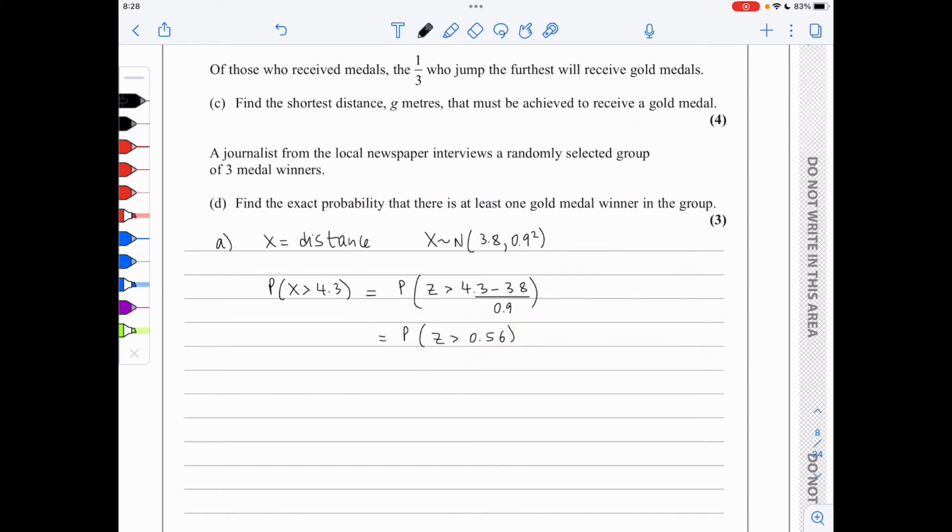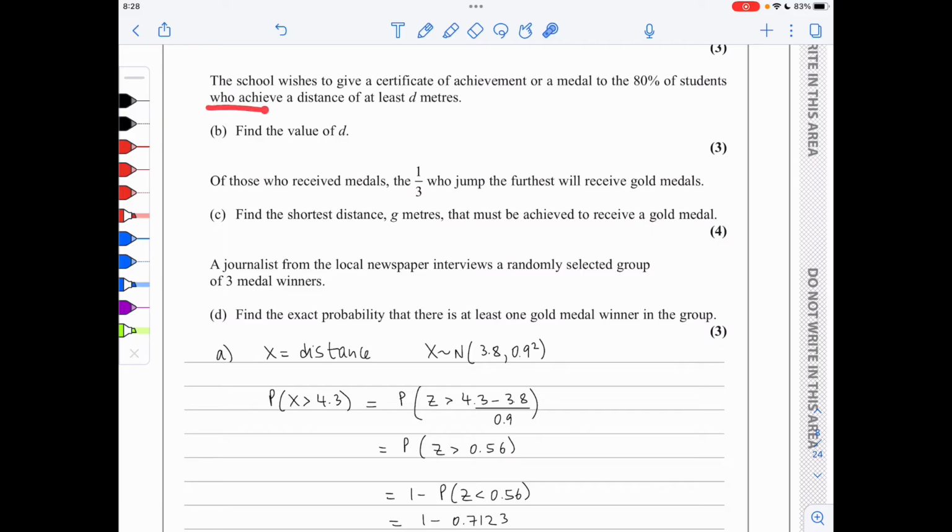Now I need to make that into 1 minus the probability of Z less than 0.56, which turns out to be 1 minus 0.7123, which is 0.2877.